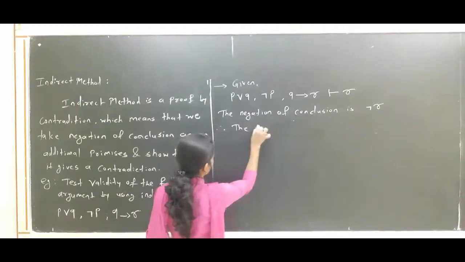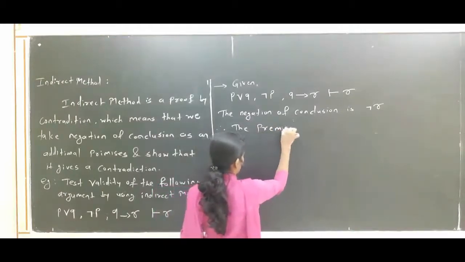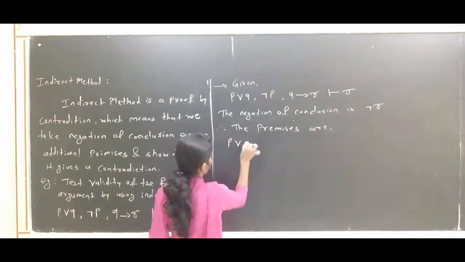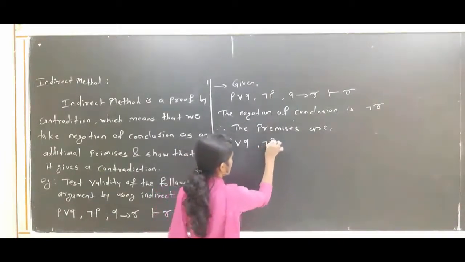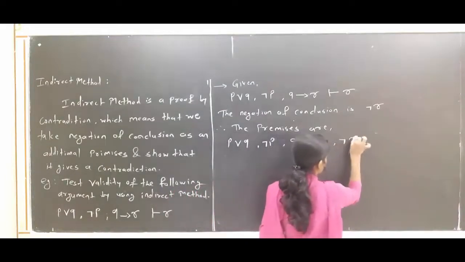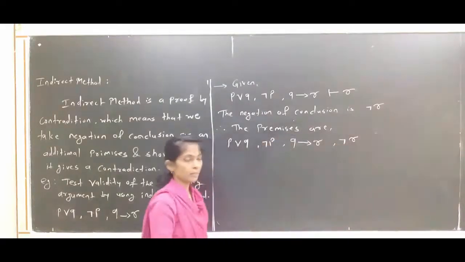Therefore, the premises are P or Q, negation P, Q implies R, and here negation R. This is the additional premise.